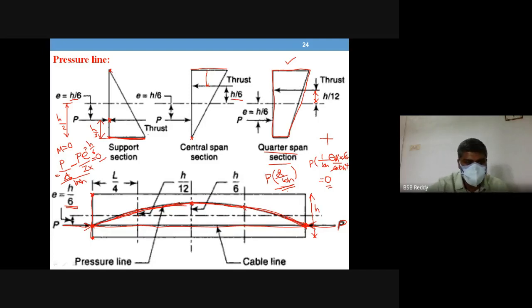Okay, right? So maximum bending moment at center. So hence you have to locate the maximum eccentricity at center. Okay, so this is how we locate pressure line in a member.